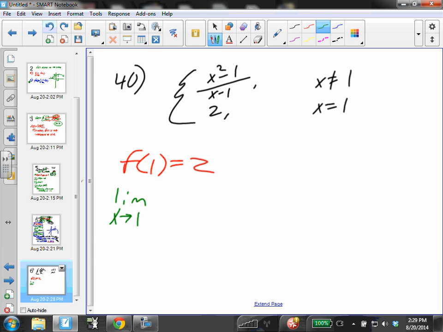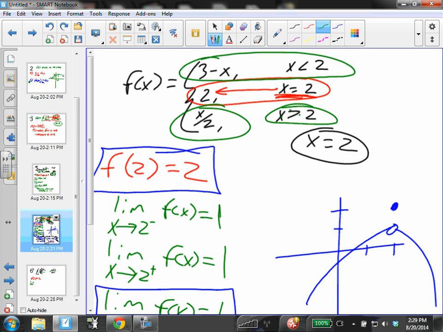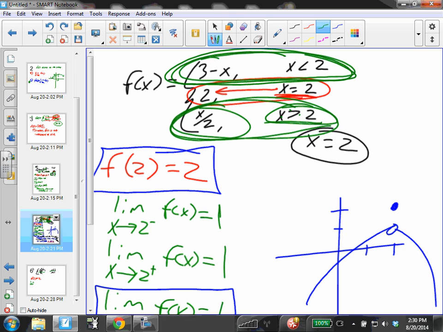If we're coming from the left, which function would I use? The top one, because it's when we're not at 1, right? And if I'm coming from the right, it's the top one too, because we use the other one only when x was greater than 2. But when x was on the other side of 2, less than 2, we had to use this top one up here.